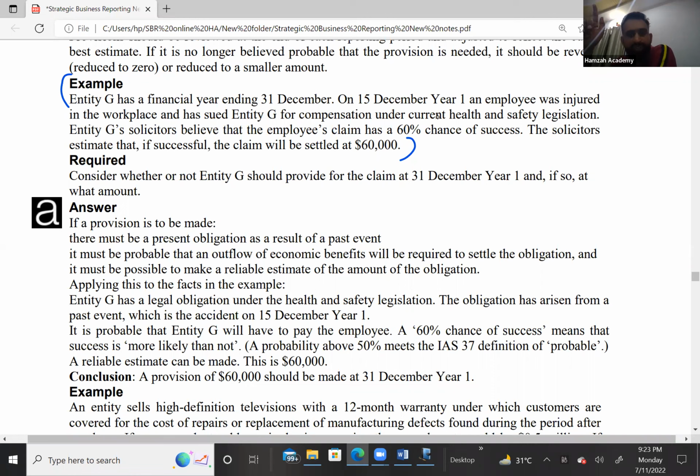So it is more than 50%. So there is a present obligation, there is a past event, and an outflow of economic benefit is probable, and the lawyers are advising you that you will be found guilty. And it is a single outcome. So a provision on the basis of the most likely outcome, and in this case there is only one outcome, that is 60,000. So a provision for 60,000 should be recognized at the year end.